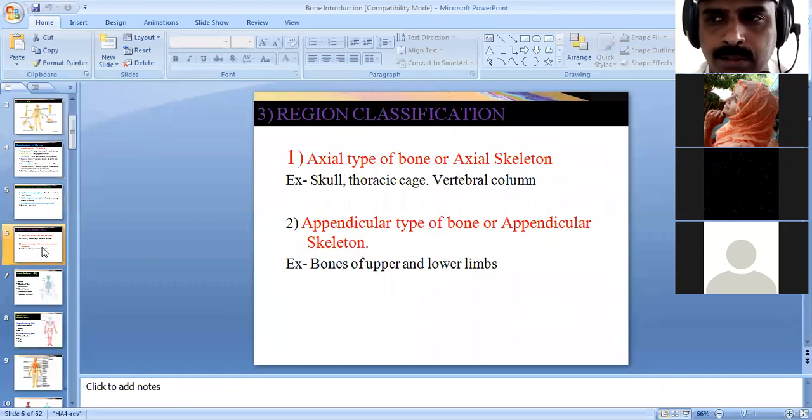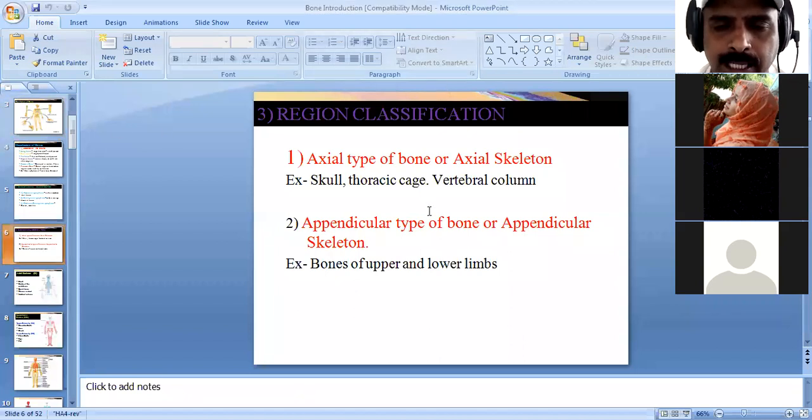Third, the regional classification. In the regional classification, you should remember the axial type of bone and the appendicular type of bone. The first one, axial, means axis.